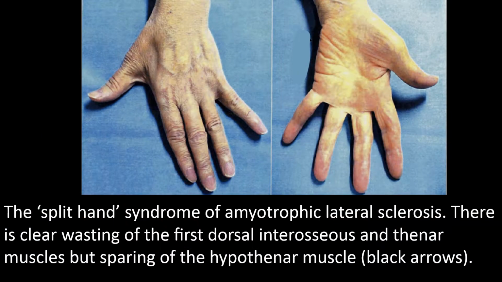I have introduced the photograph of the patient with the split hand syndrome again to show you the atrophy of the first dorsal interosseous and the thenar muscles, and the sparing of the hypothenar muscle found in this patient.